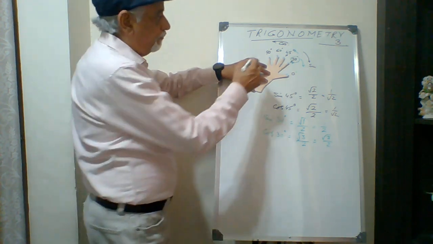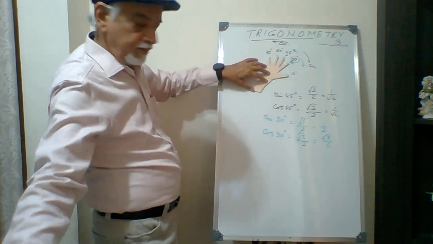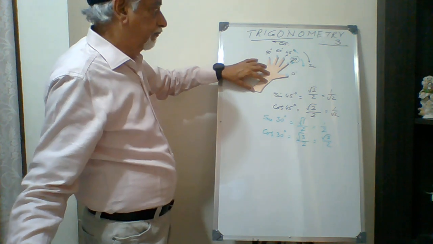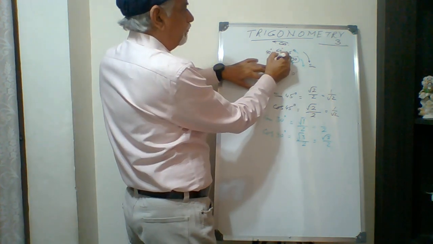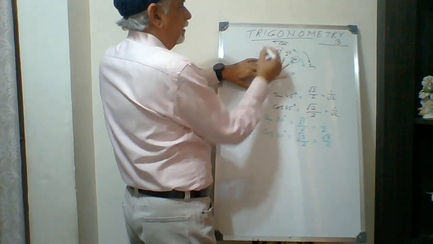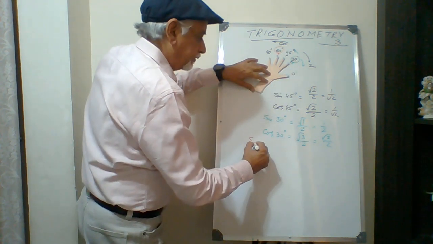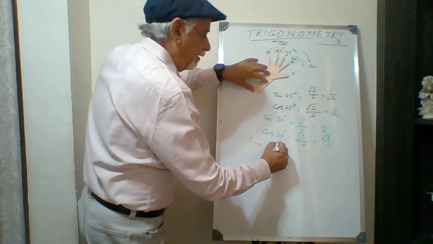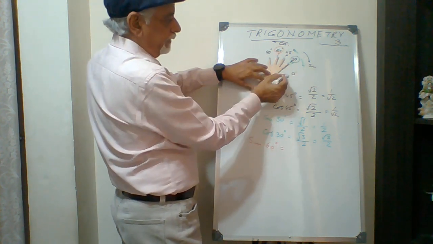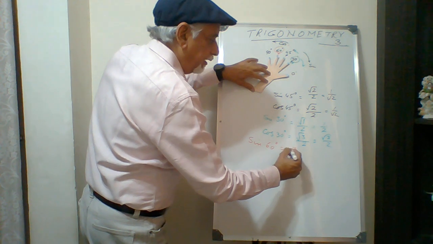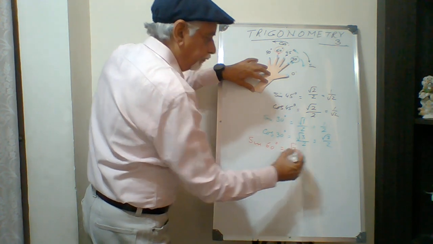Now if I pick up another angle, say 60 degree. What is the value for 60 degree? I pick up 60 degree and write the value for sine of 60 degree. Sine will be on this side. How many fingers are there? 1, 2 and 3. So write 3 and then the square root, divide by 2.